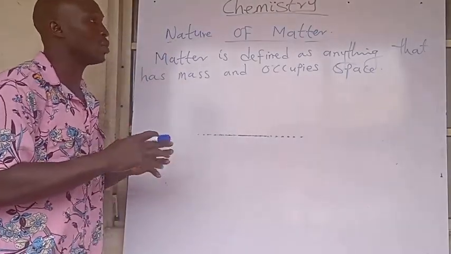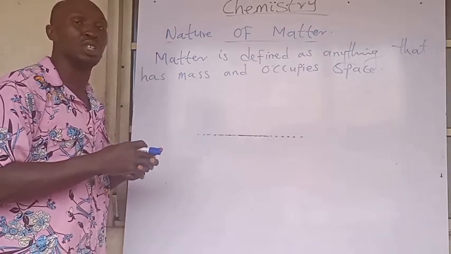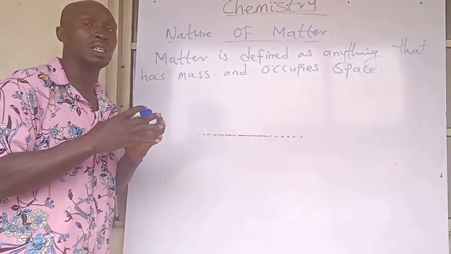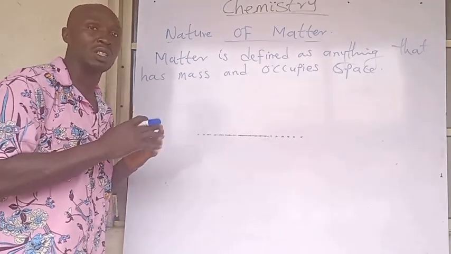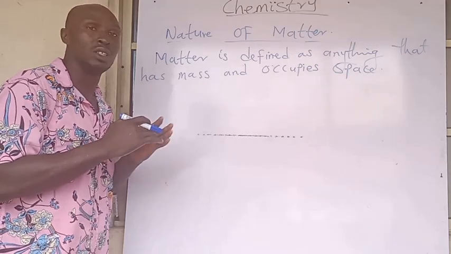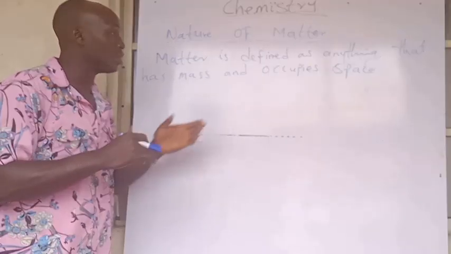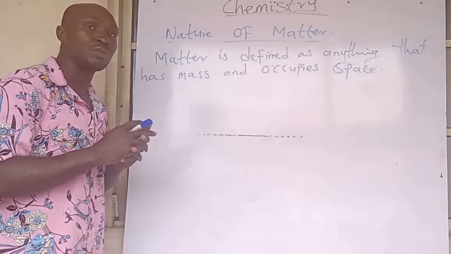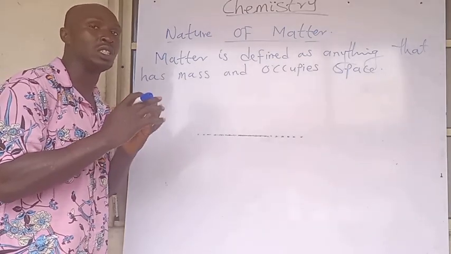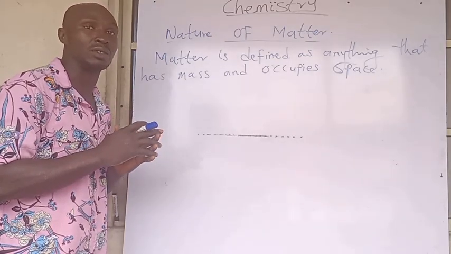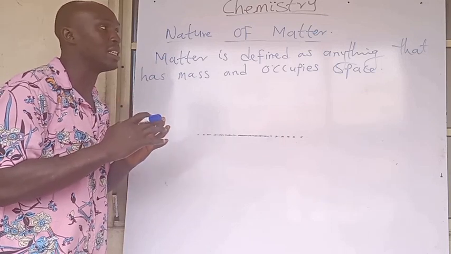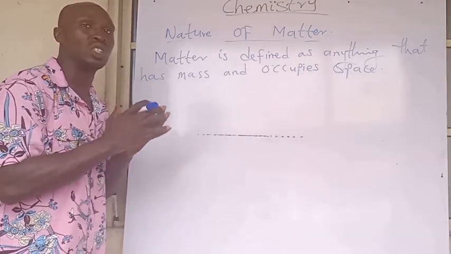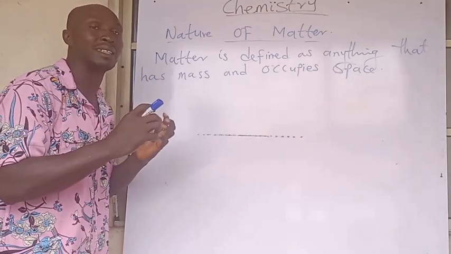But today we want to look at matter in a different dimension. It is also going to help us explain a question that somebody asked in the comment section, asking what is material science? With this, we're going to understand a particular aspect of matter that has to do with the study in material science. We say that material science is an aspect of science that deals with the study of solid matter.